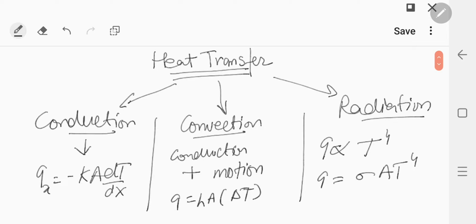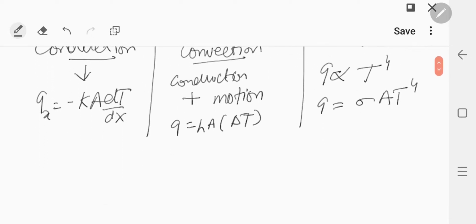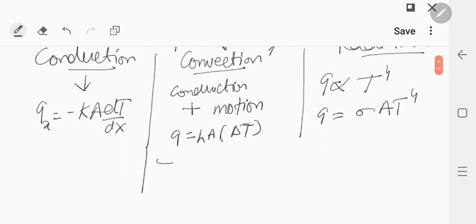Now, in our syllabus, we'll be covering the conduction part, a few examples of conduction, and majorly we'll be focusing on the convection part. Now, convection occurs mainly because of two processes: one is forced convection, and the other is free convection or natural convection.